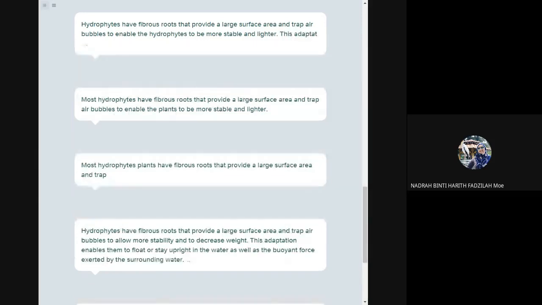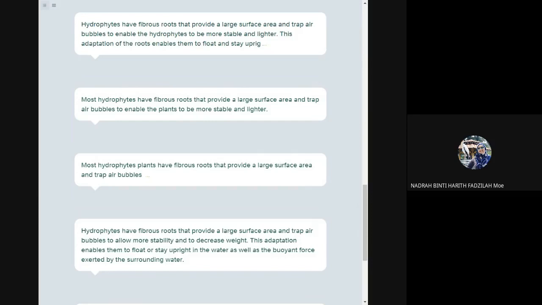So Aina, don't worry ya, you can always submit your description about submerged plants. So Aina nanti tengok submerged plants tu apa adaptation yang dia ada so that it can survive in an aquatic environment, specifically adaptation for gaseous exchange.